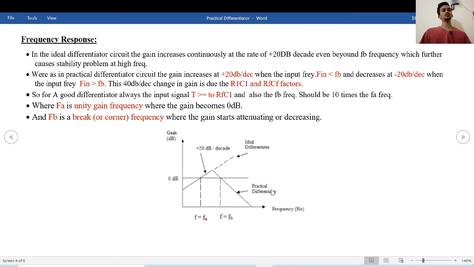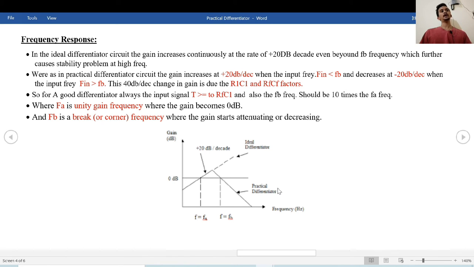For a good differentiator, the input signal time period should always be greater than or equal to RF into CF, and also the FB frequency should be 10 times greater than the FA frequency.